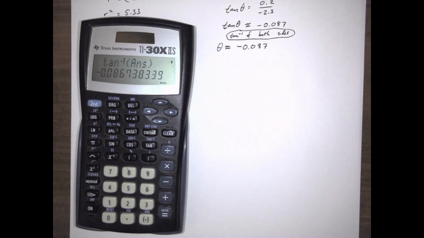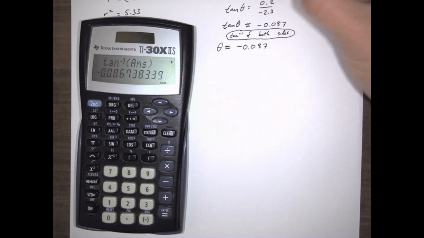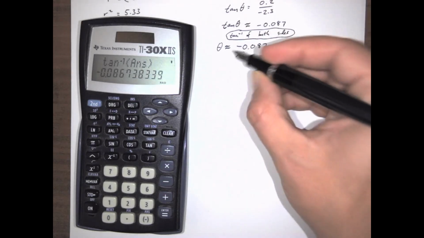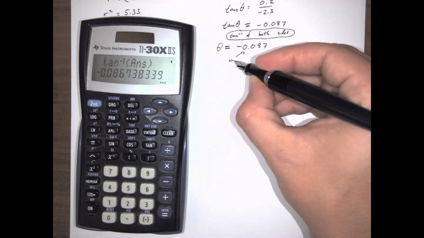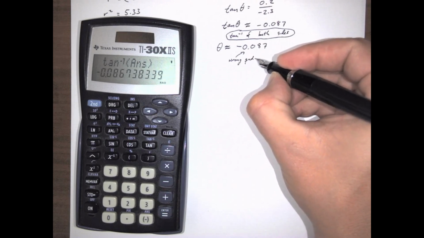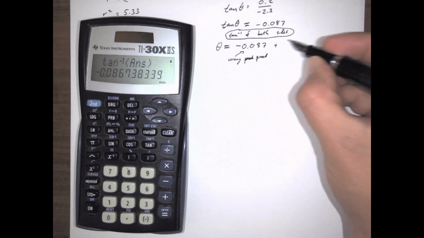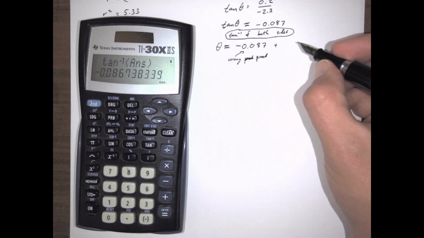So 0.087 radians. And then we look at this and decide, is this accurate? Well, this should be slightly over here. It is not accurate. We're in the wrong quadrant, so we can just add pi to it to bring it into the correct quadrant.